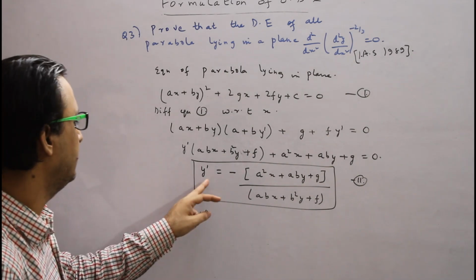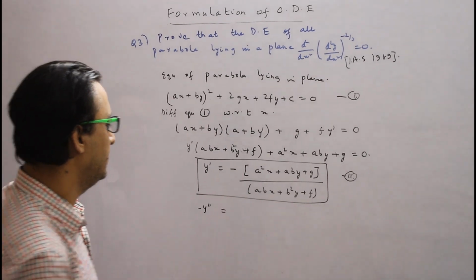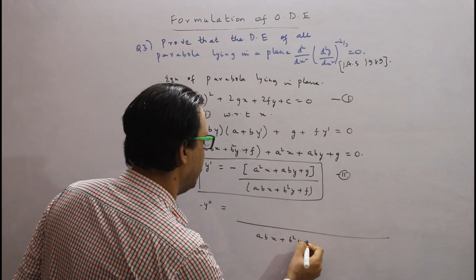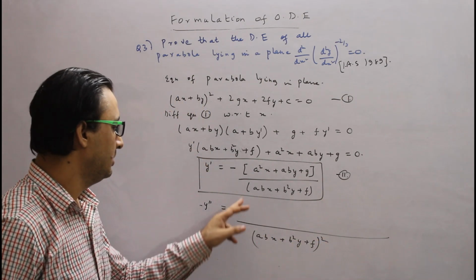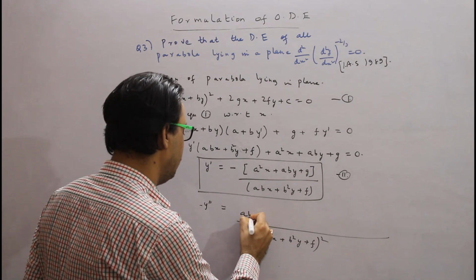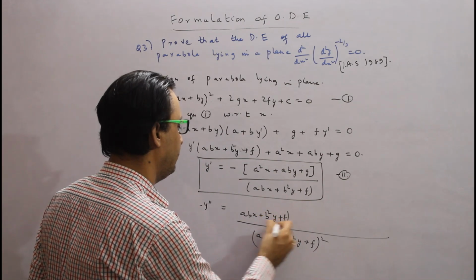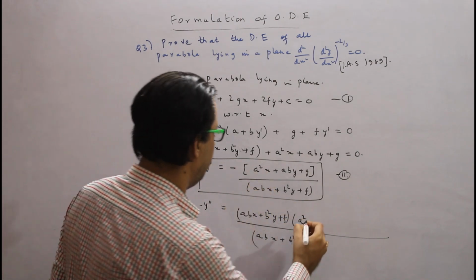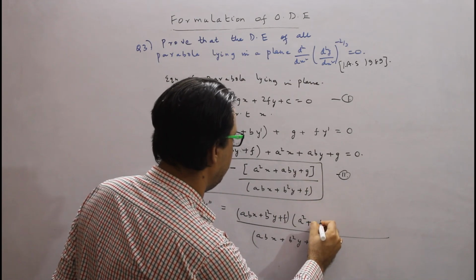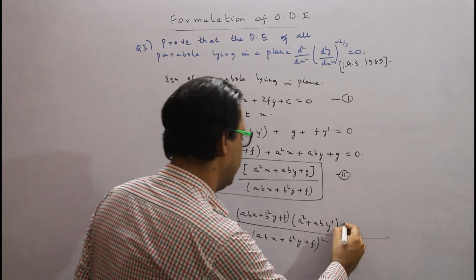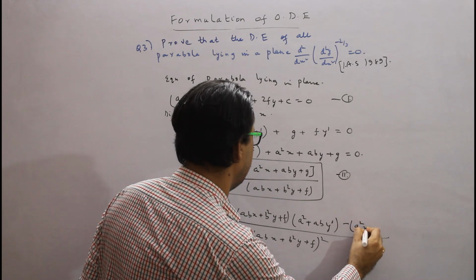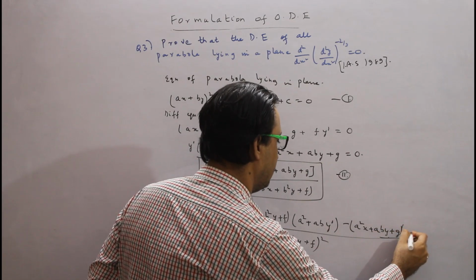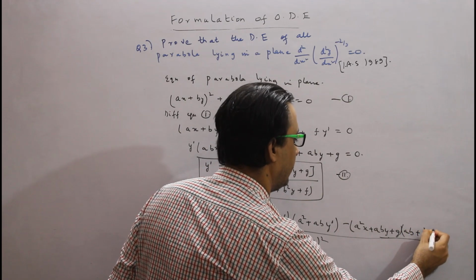So y double dash, taking the minus sign on this side, the differentiation will be: (abx plus b square y plus f) into (a square plus ab y dash), minus (a square x plus aby plus g) into its derivative, which is (ab plus b square y dash), all over (abx plus b square y plus f) whole square. I am differentiating with respect to x.